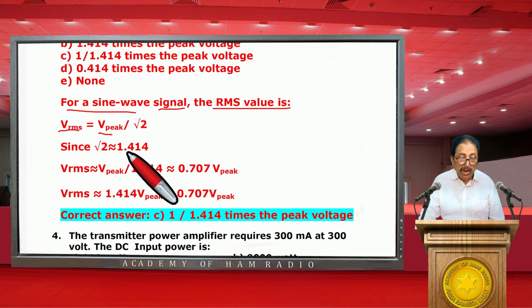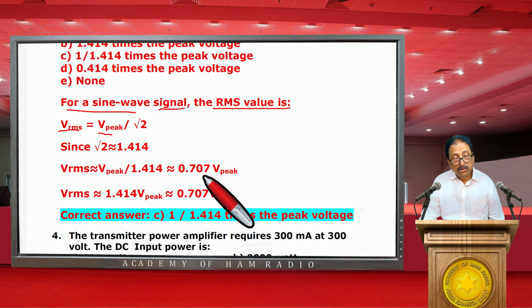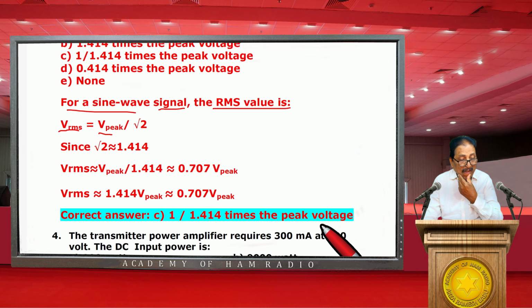Since root 2 is equal to 1.414, Vrms is approximately V peak by 1.414, that is approximately 0.707 V peak. So the correct answer is Charlie, 1 by 1.414 times the peak voltage.